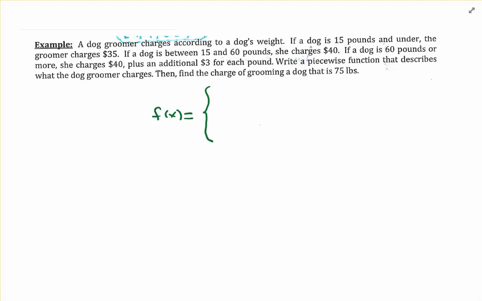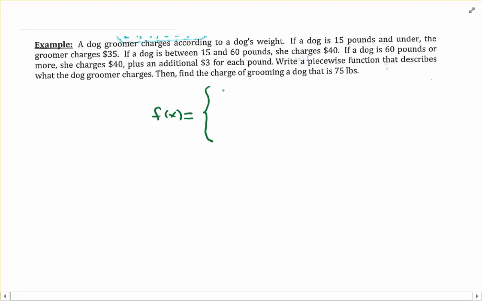All right, let's go back to the second sentence here. It says if a dog is 15 pounds and under, the groomer charges $35. So that's basically a flat rate or flat fee. Whether the dog is 1 pound, 7 pounds, or 15 pounds, each of those owners would be charged the same price of $35.